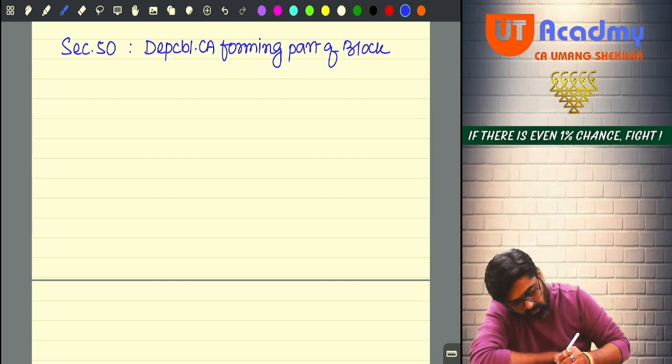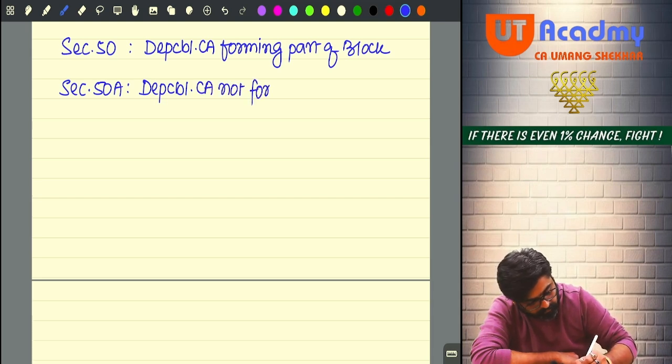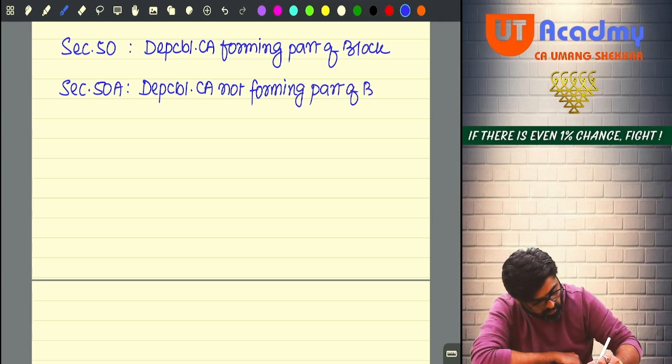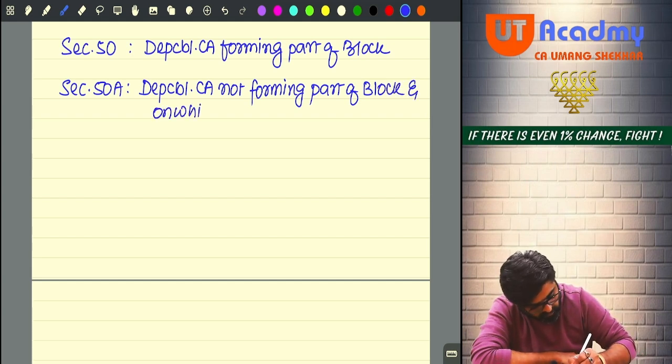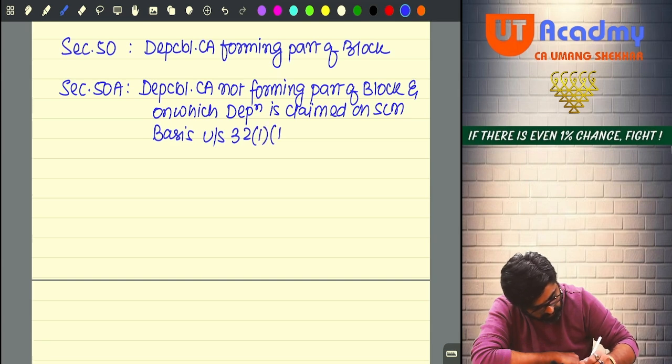Then when you come to section 50A, this was also about a depreciable capital asset only, but now not forming part of a block, and on which depreciation is claimed on SLM basis under section 32(1)(i).